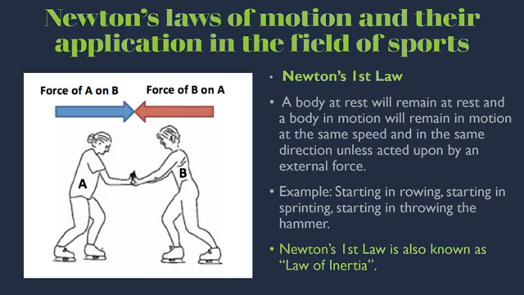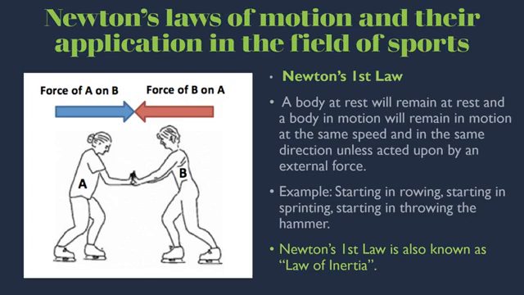Here is Newton's first law. A body continues in its state of rest or uniform motion unless acted upon by an unbalanced force. In other words, a body will remain at rest or in motion unless acted upon by a force. In order to get a body moving, a force must overcome the body's tendency to remain at rest, or inertia.